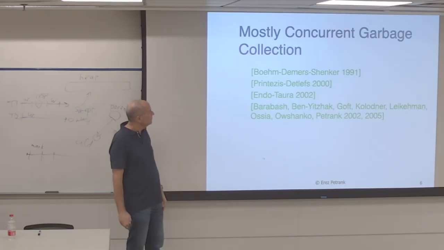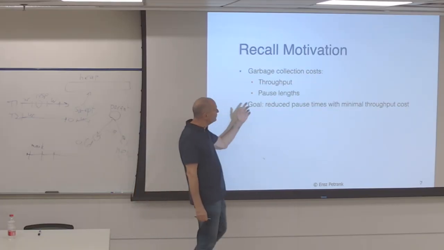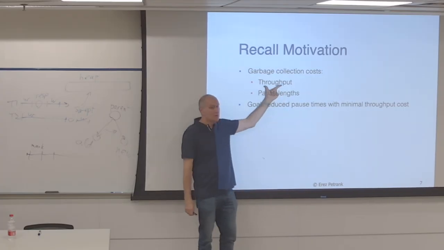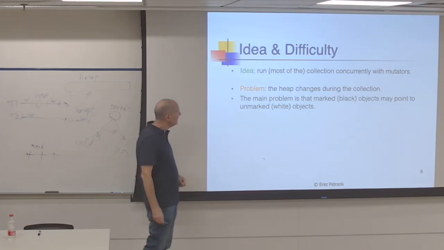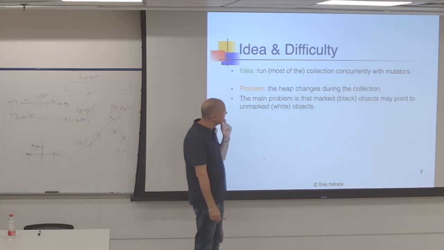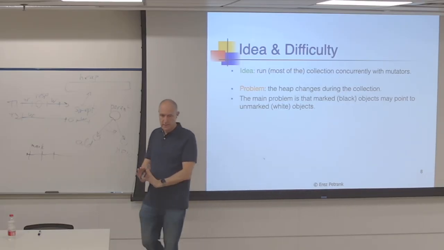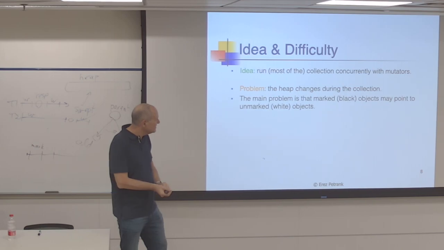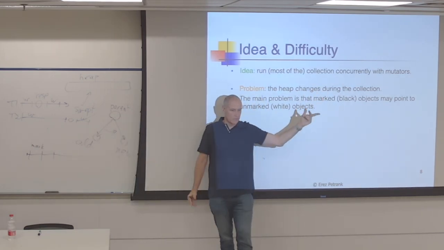So let's see how that works. We want to reduce the pause times without affecting the throughput too much. This is our goal. The idea is that we want to run most of the collection concurrently. The problem is that the heap changes during the collection.